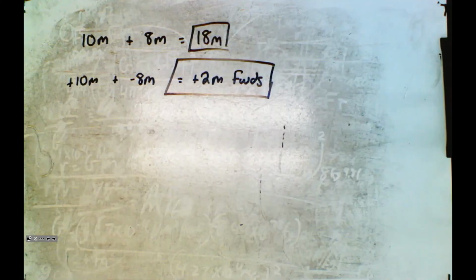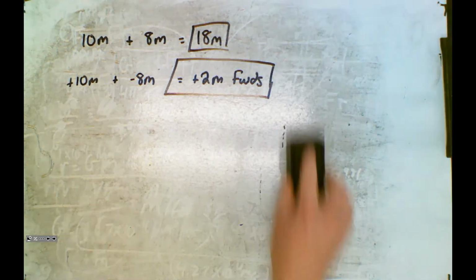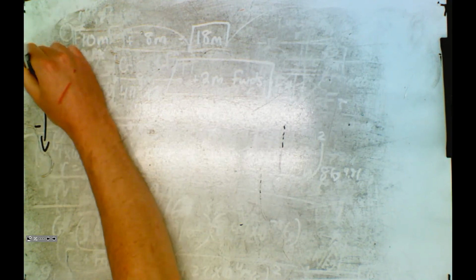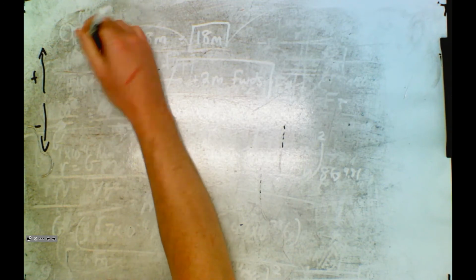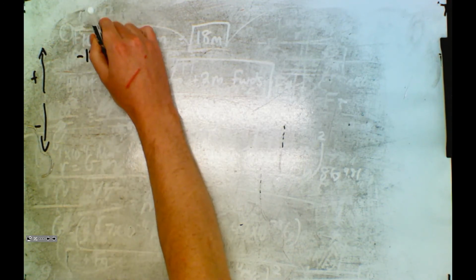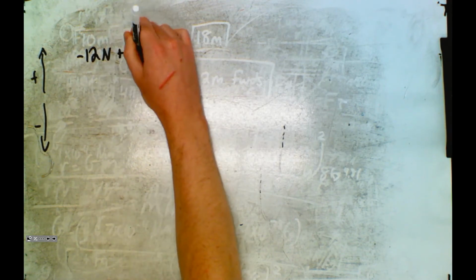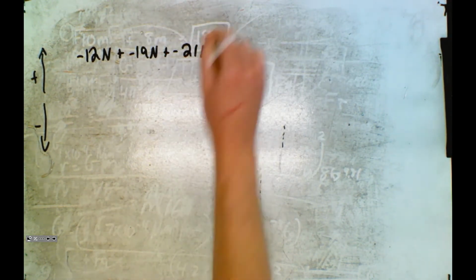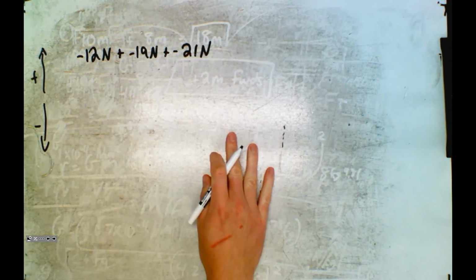So all that we have to do is add those up. So I'm going to make south negative, and I'm going to make north positive. So the first team pulls to the south, so I'm just going to go negative 12 newtons plus negative 19 newtons plus negative 21 newtons. So those are the 3 that pulled to the south.